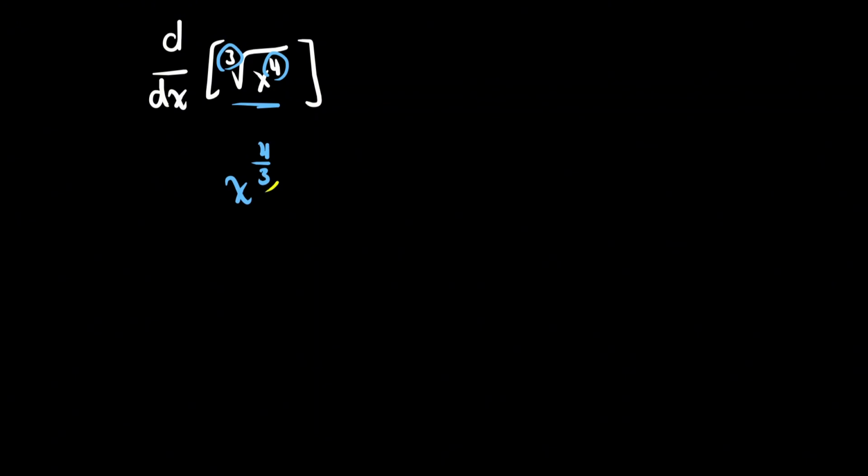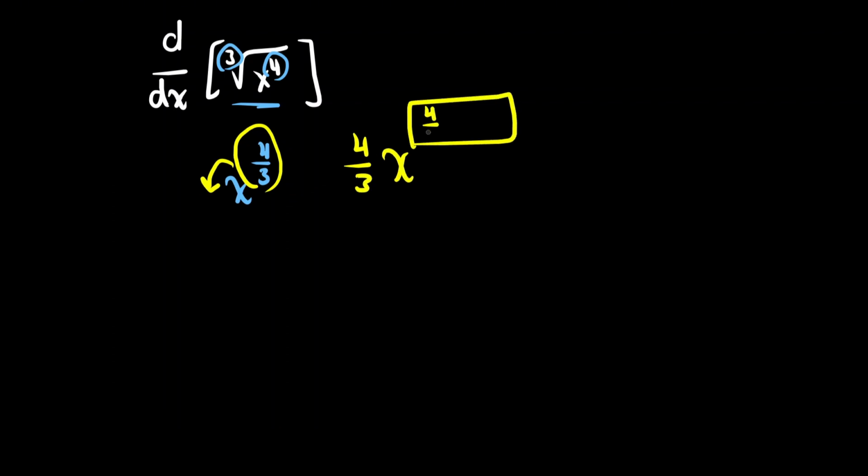You're going to repeat the same process. Grab this power right here. It's going to be 4 over 3 x raised to the power of 4 over 3 minus 1. So it's going to be 4 over 3 x to the power of 1 over 3.